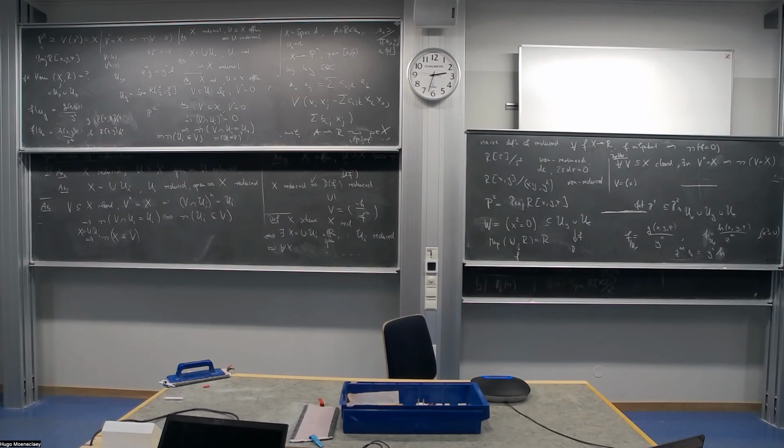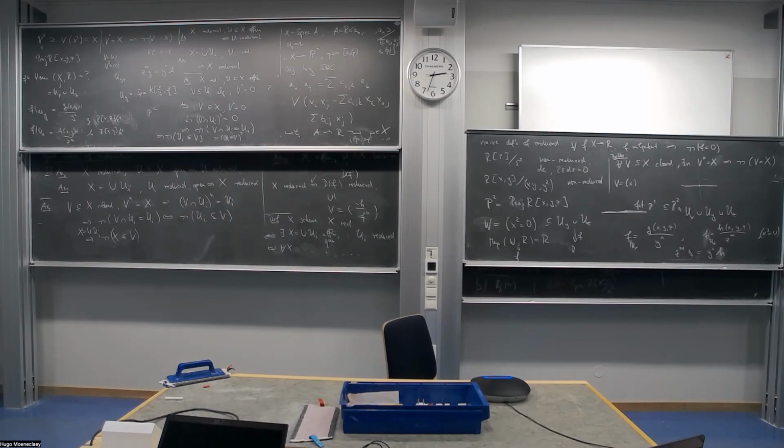The circle is reduced, the circle is over the line, and now we take some fiber.